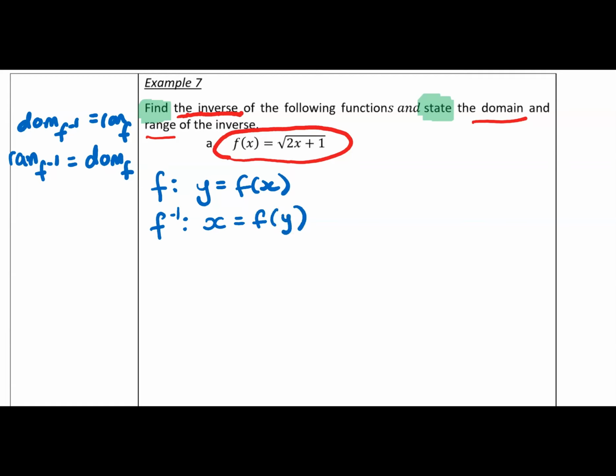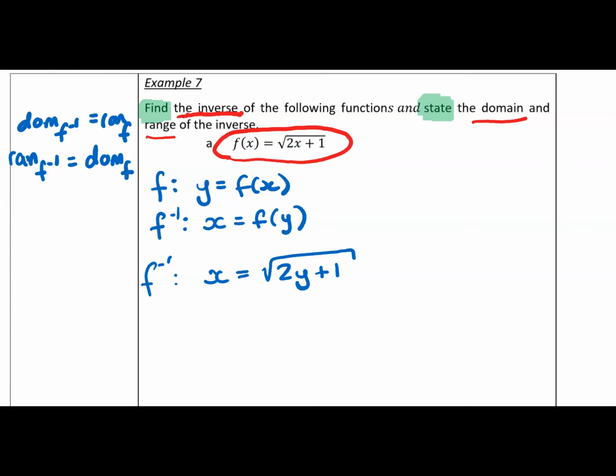This is how mathematically we write the phrase we're swapping x and y. And so for the inverse, we know that x is equal to the square root of 2y plus 1. So all I've done there is I imagine that that was a y, and then I swapped it with the x. So that's really all we're doing. We're swapping x and y.